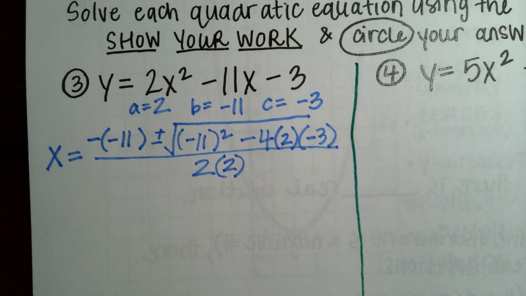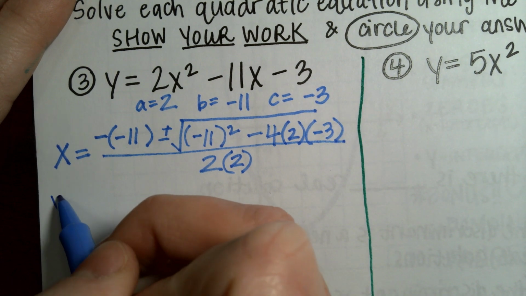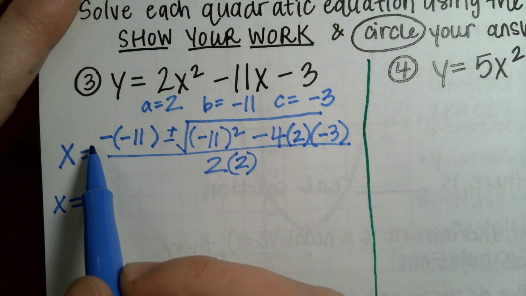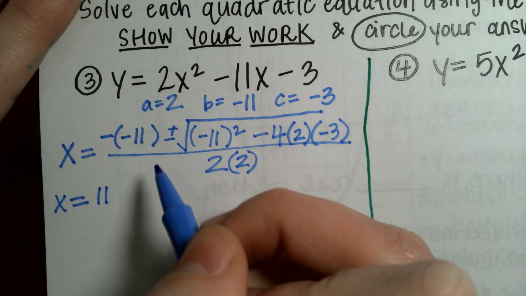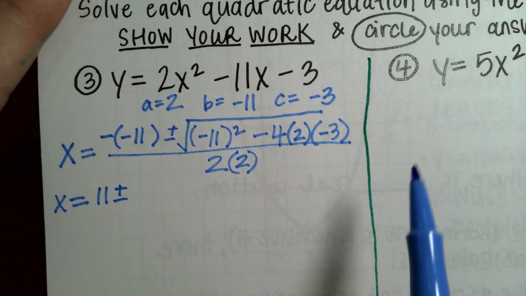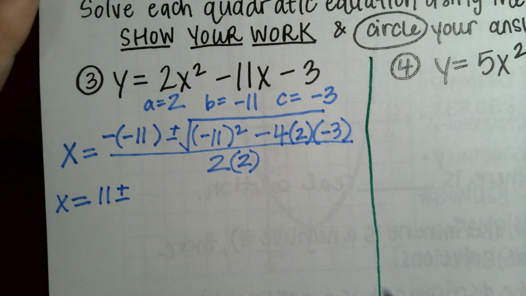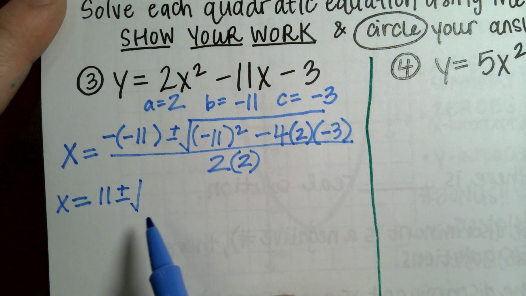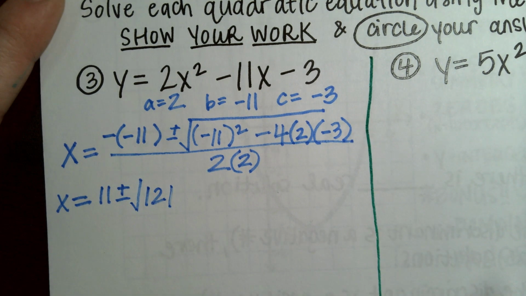Let's start simplifying. So I'm going to bring this down here. X equals -11 becomes positive 11 plus or minus. What's -11 squared? 121. It's positive 121.